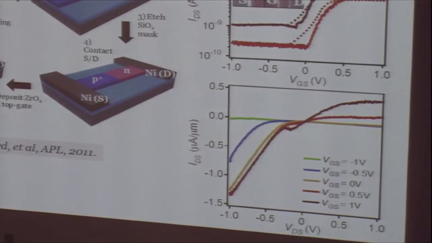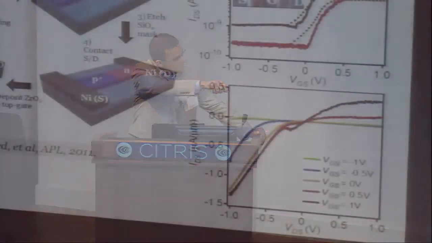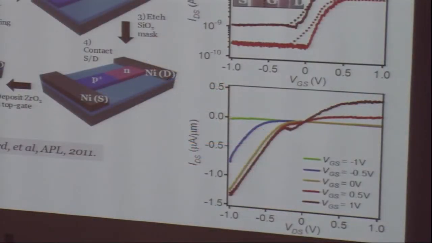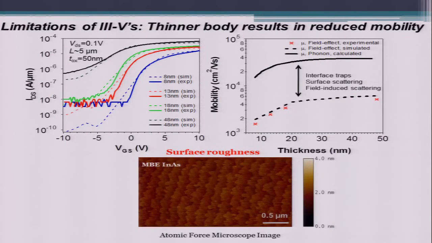If you don't see NDR, negative differential resistance, if you don't see this peak, that is indicative of an Esaki diode. You have a gated Esaki diode here. You have to really think carefully whether you indeed have a tunnel transistor or not. And in my opinion, it's very hard to convince otherwise.